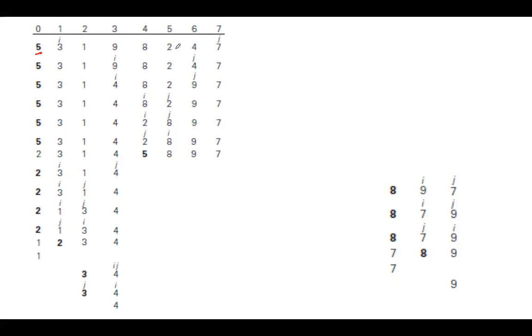Then keep decrementing j until you get a value less than 5. So we come here and swap these two. Similarly, i will be incremented, j will be decremented. Once i is greater than j, we stop. Then the pivot element is swapped with the jth element, and we reach the mid position.